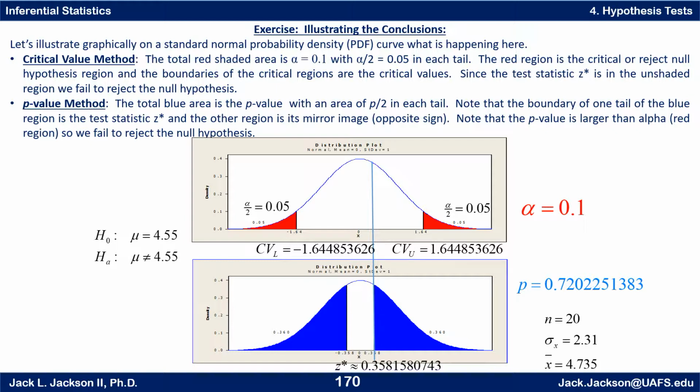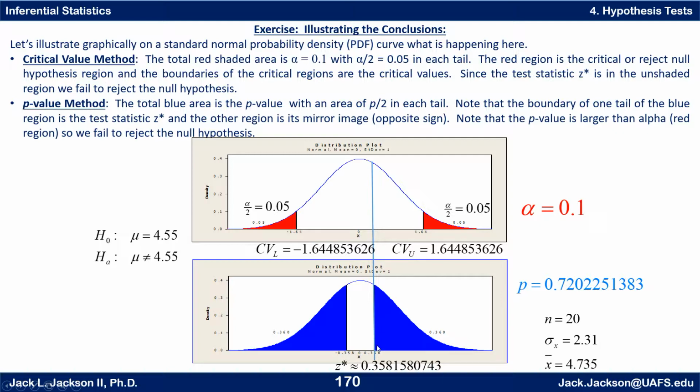And the boundaries of that are our critical values, which we figured out a while ago is negative 1.64 and positive 1.64. Our Z star value was about 0.36, which is clearly pretty darn close to the mean. It is in that non-reject region, that unshaded region. So the red is the alpha, and then we compare whether the X bar value lands in there or not, or in this case the Z score of that.